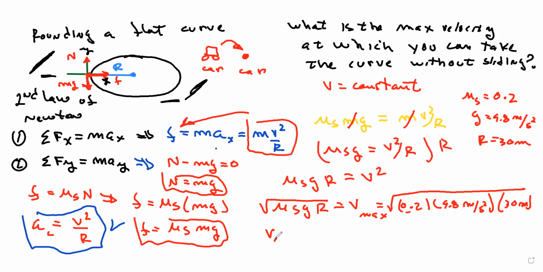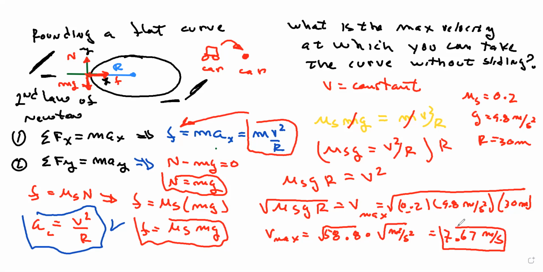So the maximum velocity at which you can take the curve without sliding is going to be the square root of 58.8 times the square root of meters squared over seconds squared. And that's going to be 7.67 meters per second. So that's the maximum velocity at which you can take the curve, a flat curve, without sliding. And there you go.